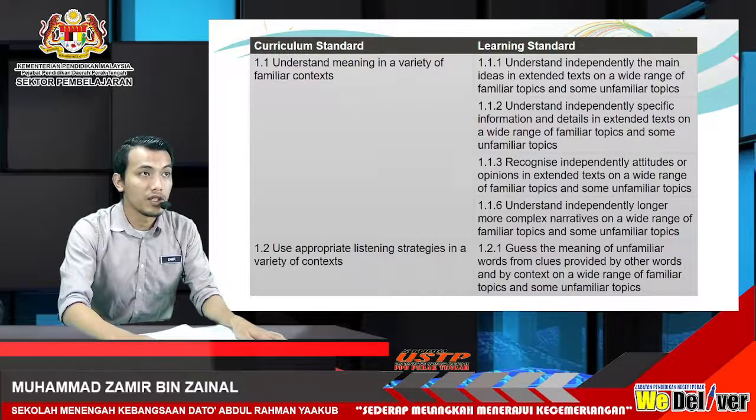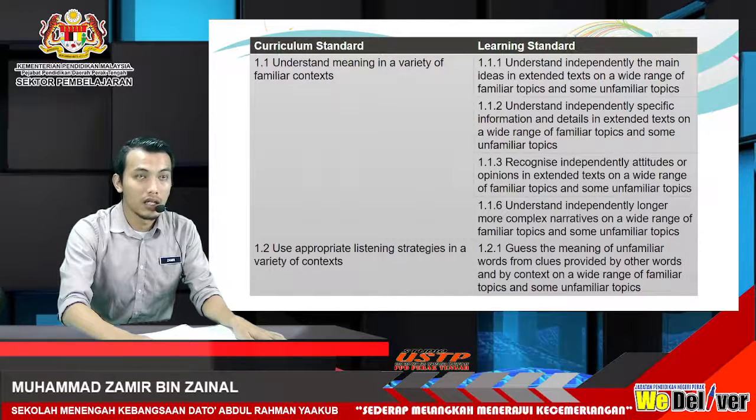The curriculum standard for the listening task would be from 1.1 and 1.2. Understand meaning in a variety of familiar contexts, 1.1, and use appropriate listening strategies in a variety of contexts, 1.2. While the learning standard would be the testing focus for these two parts, part 1 and part 2.